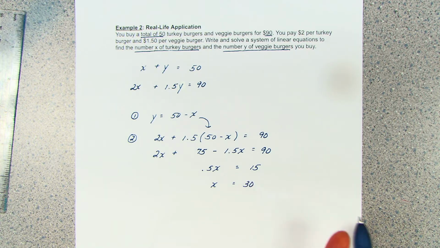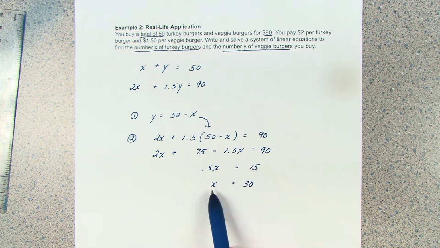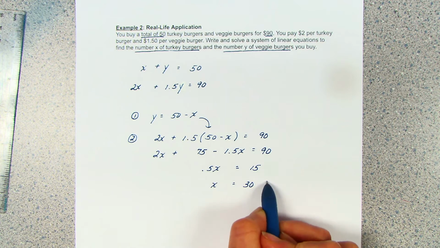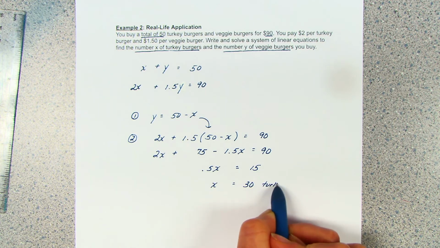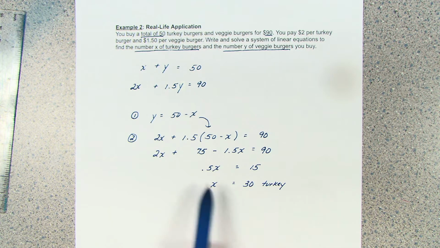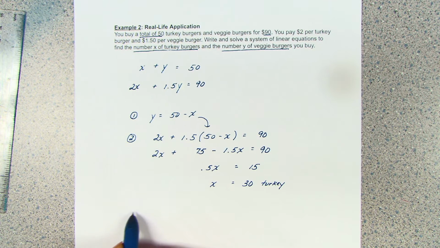Let's stop for a second and think about what that's telling us. So we have solved this equation and we found out that we are going to buy x turkey burgers, 30. Then we can take this x and substitute it in, and it makes sense to go into the next one.